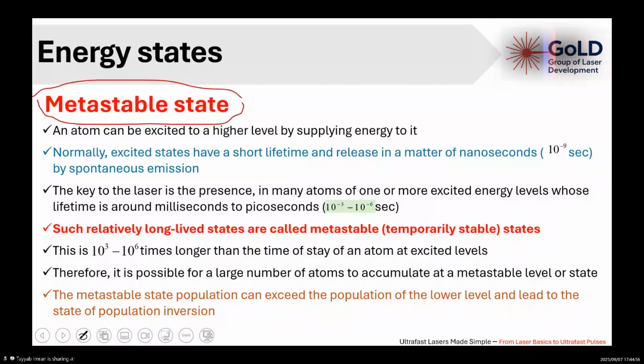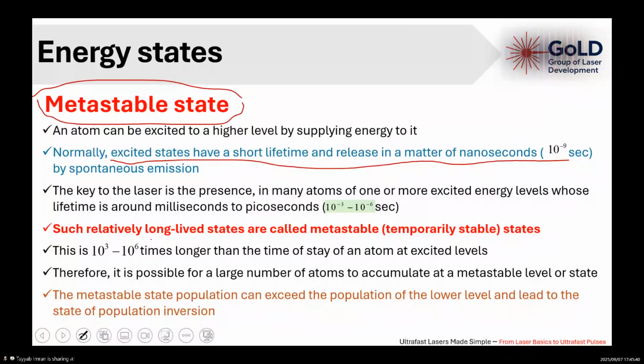So what is happening? The excited state has a short lifetime, usually 10 to the minus 9 seconds, so it immediately drops down. We need some extra levels where the electron can stay. That is the metastable state. The decay time of the metastable state is usually higher than the excited state, and it can be in the picosecond range or something like this.